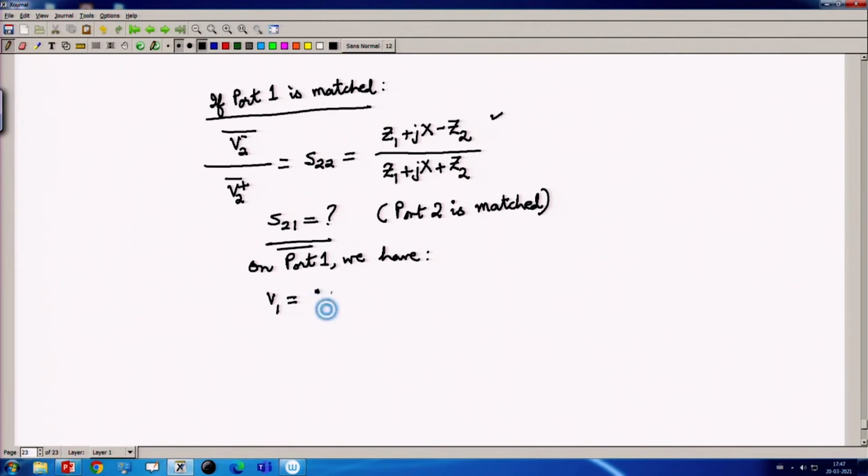It is V1 plus V1 minus, and that is equal to V1 plus S11 V1 plus.